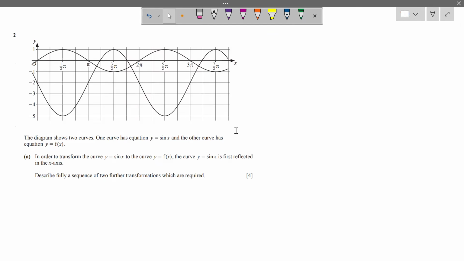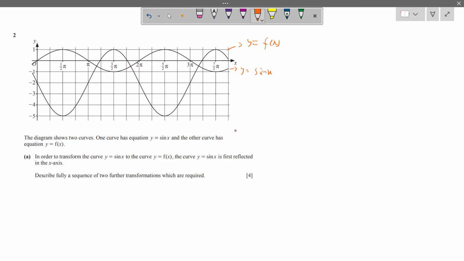So from this diagram, we know which one is sine x and which one is the transformed function. So here, you know that this is going to be y equals sine x. And then the other one must be y equals f of x, which we don't know yet. So first of all, we have to reflect the graph of sine x about the x-axis.